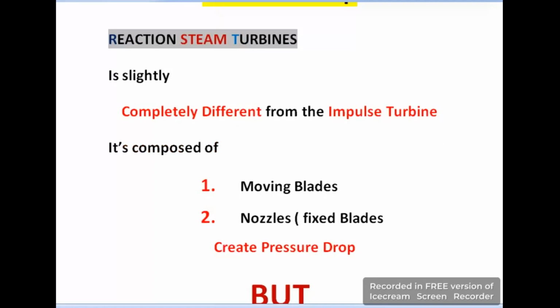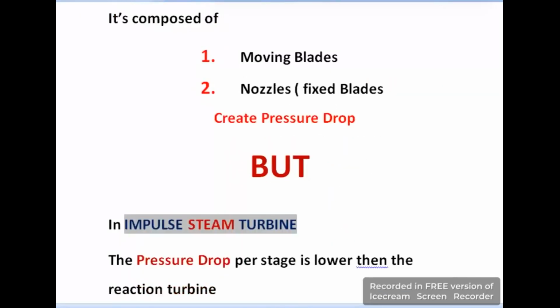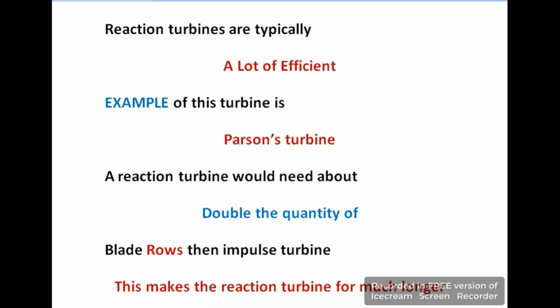Due to both of these blades, a high pressure drop is developed. But in impulse steam turbine, the pressure drop per stage is lower than reaction steam turbine. Of both types, the reaction steam turbines are very efficient. The example of this turbine is the Parsons turbine.